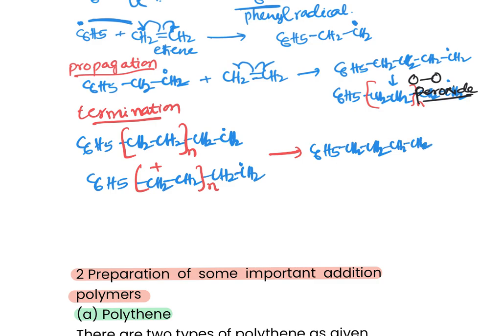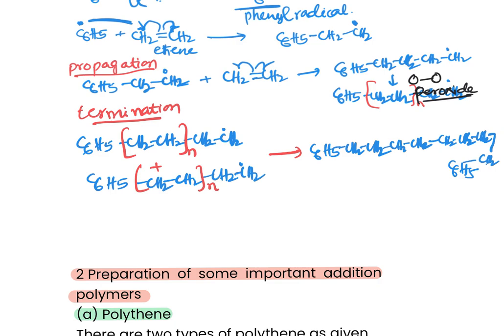Another one, CH2CH2CH2. Now I am writing down the bond. CH2, total 1 2 3 4, and from here onwards 1 2 3 4, so the total number of carbons is 4 plus 4, total 8, and here C6H5.